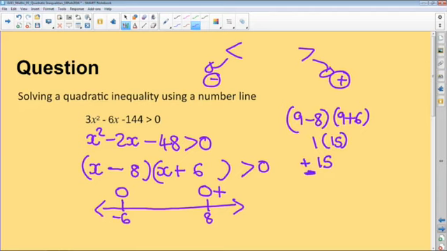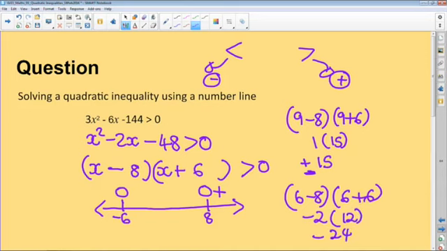Like in the previous example, we take the numbers between minus 6 and 8. Let's say we take 6. If you put a 6 there, you'll have 6 minus 8, bracket 6 plus 6, which gives us negative 2, bracket 12, that's minus 24. Now, guys, we are only concentrating on the sign. So the sign that we get is negative.